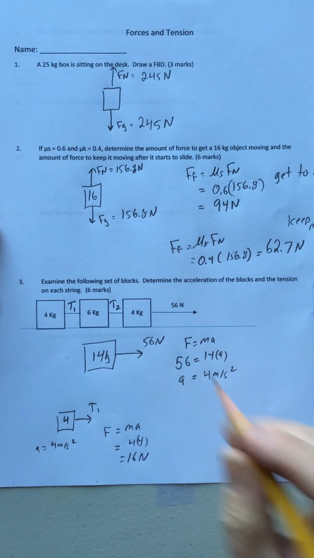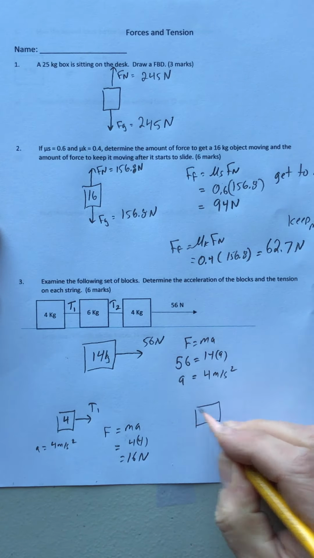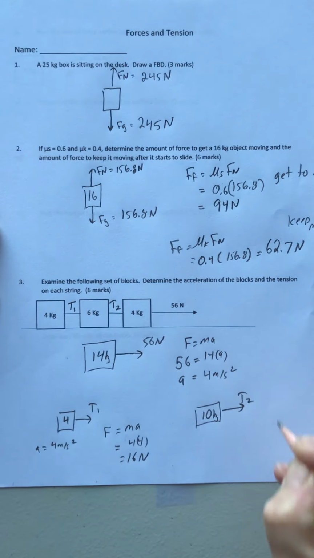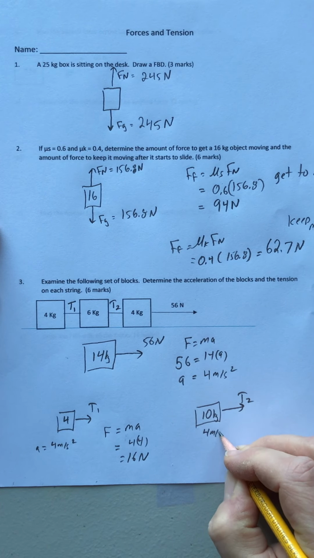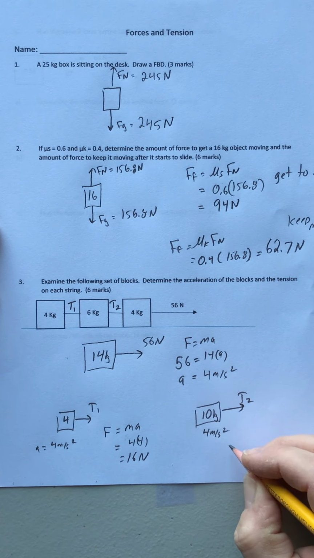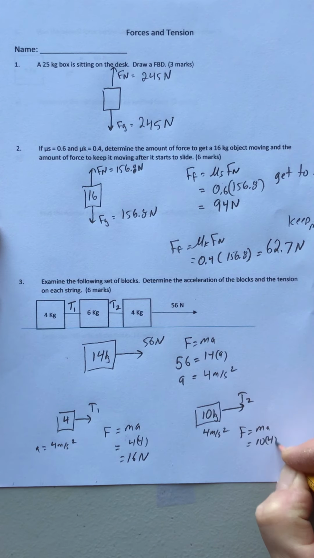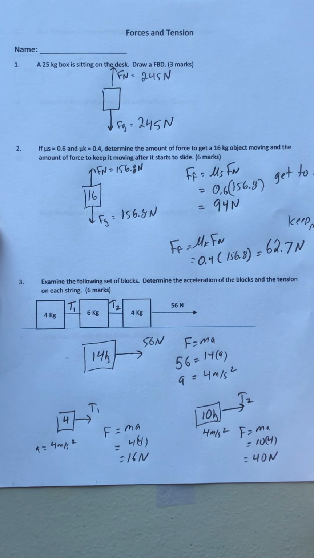Now if you want to look at tension 2, it's essentially pulling 10 kilograms of stuff at 4 meters per second squared. So F equals ma again. That's 10 times 4 equals 40 newtons, and that will be the tension there.